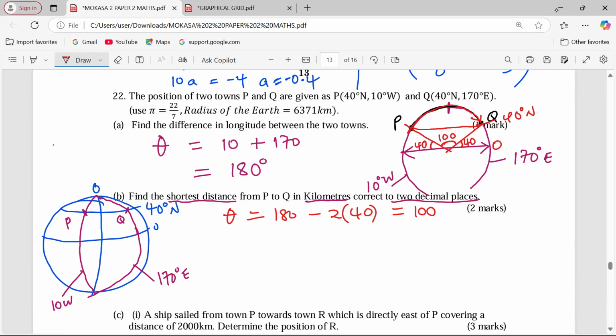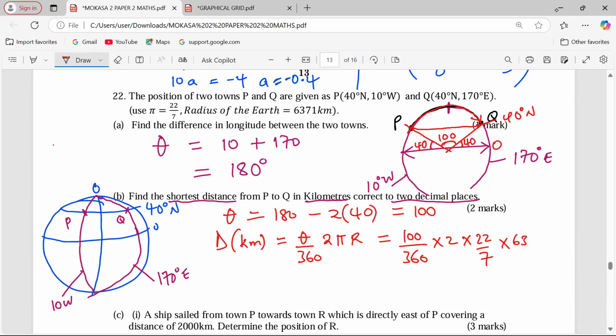So now we say distance in kilometers along a great circle is usually given by angle difference over 360 times 2 pi r. So 100 over 360 times 2 pi r. Let's get the distance: 100 multiplied by 2 multiplied by 22 multiplied by 6371, divided by 360 and 7.